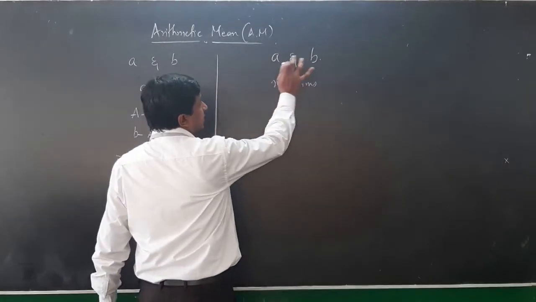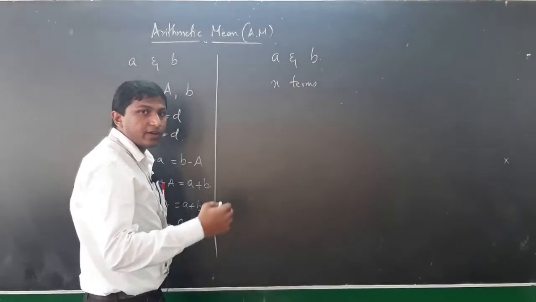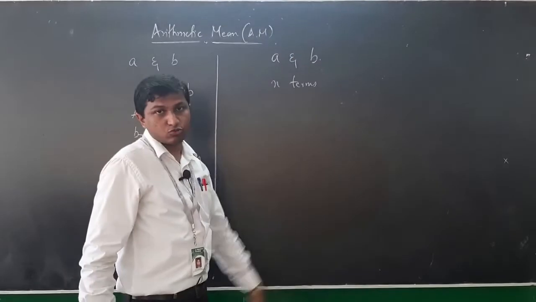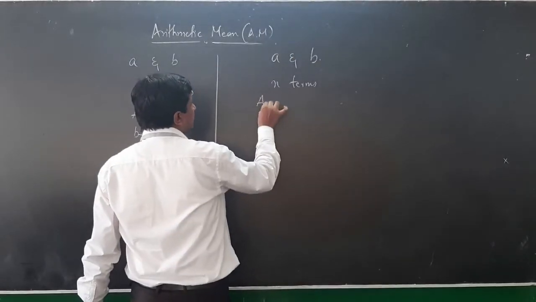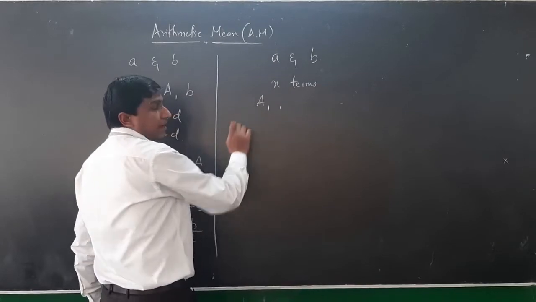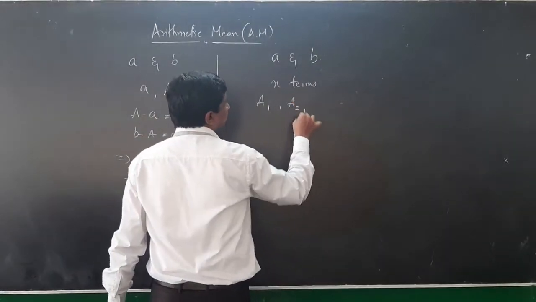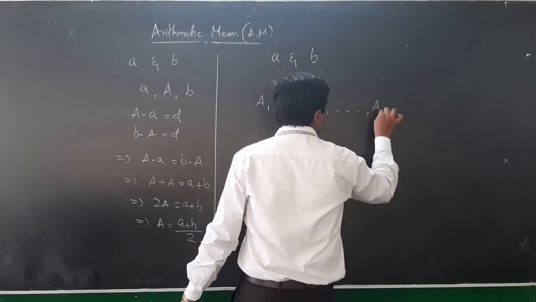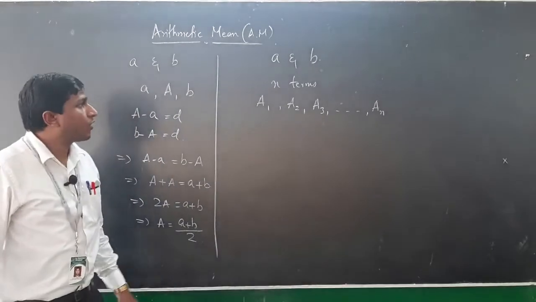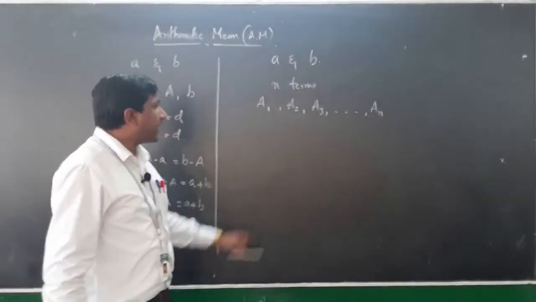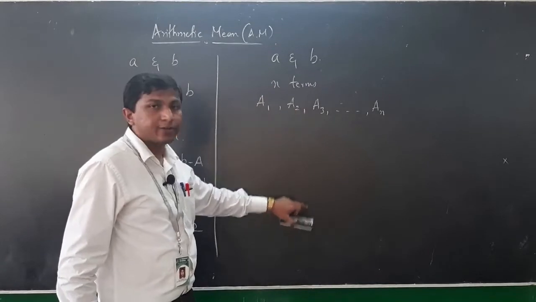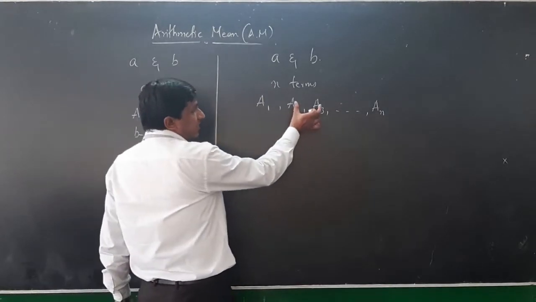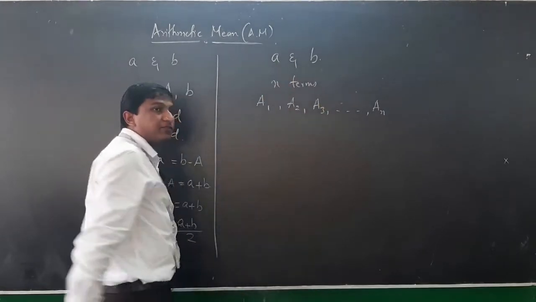Let those n terms be capital A1, capital A2, capital A3, and so on up to capital AN. We are asked to insert these n terms in between a and b.